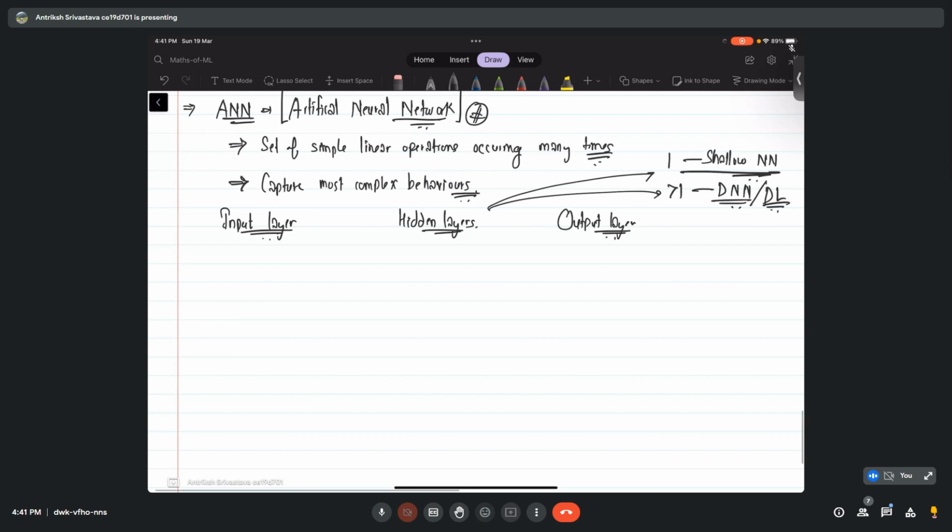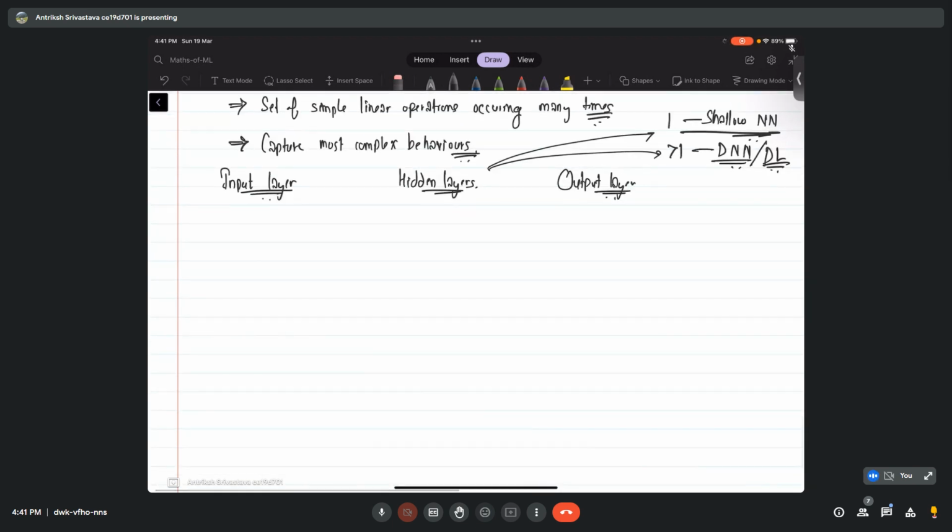So what is this input layer actually? The input layer is nothing but your input parameters. This will get the value for x1, this will get the value for x2, and so on. The last neuron will get the value for xn. Now, let's call these neurons or nodes, whatever you are comfortable with.